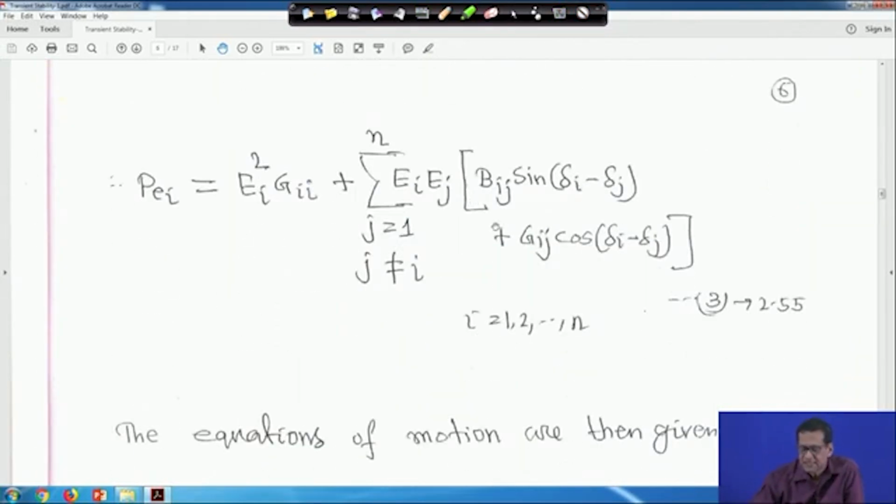This we can write as Ei Ej times bij sin(delta i minus delta j) plus gij cos(delta i minus delta j). When you express this, say yij, I just wrote cosine theta ij cosine of delta i minus delta j plus sine theta ij sine of delta i minus delta j.